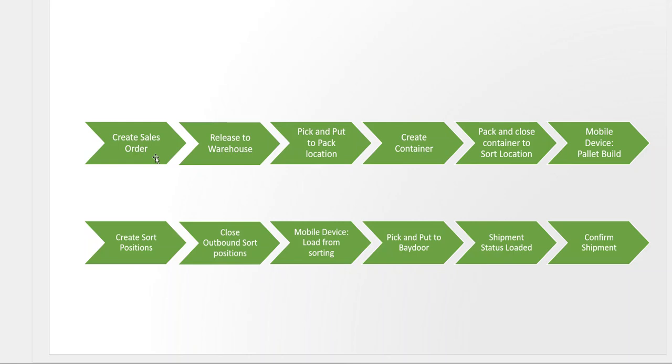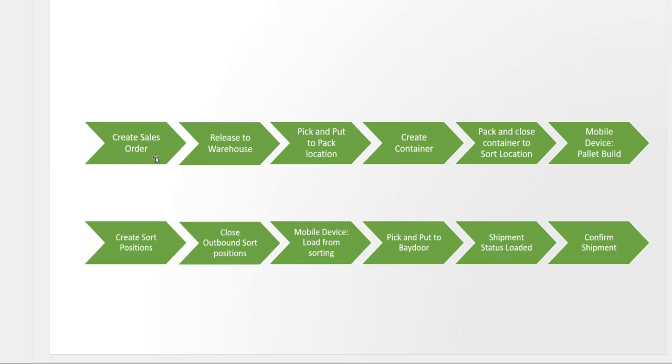So perhaps let's take a step back. What we can really do with the outbound sorting functionality is sort the containers, after they have been packed and closed, into pallets in a sorting location.